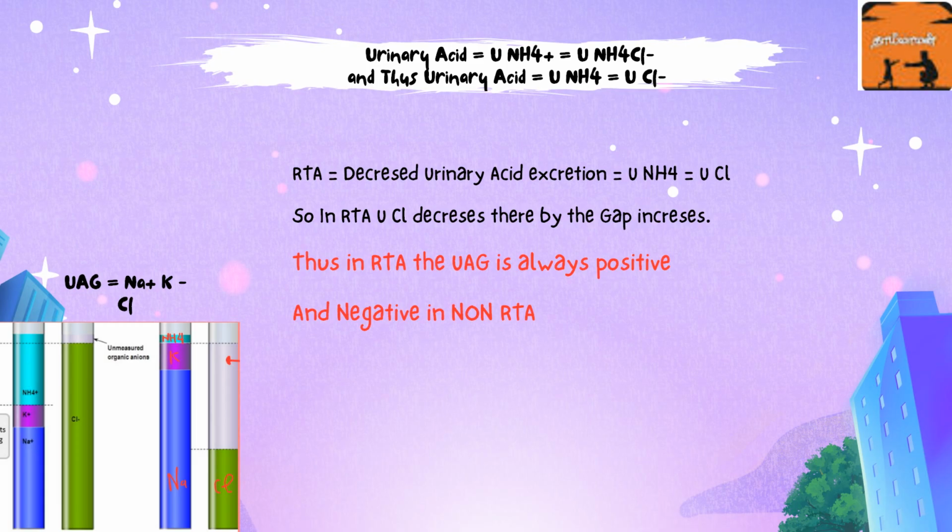Emphasizing that point again, urinary acid excretion is urinary ammonium excretion, which is ultimately a surrogate marker for urinary chloride excretion. So the RTA is decreased urinary acid excretion, which is ultimately a decreased urinary chloride excretion. Thus, you will have a positive urinary anion gap in RTA always.